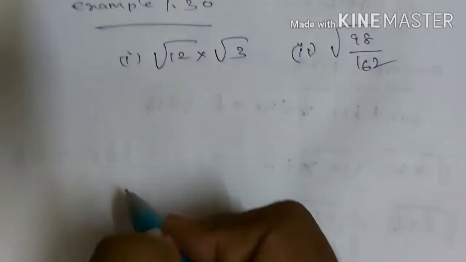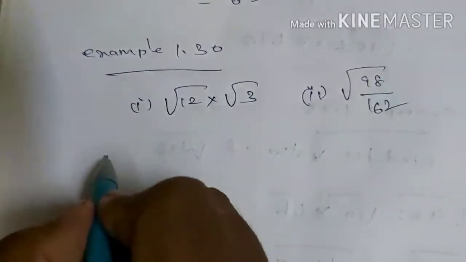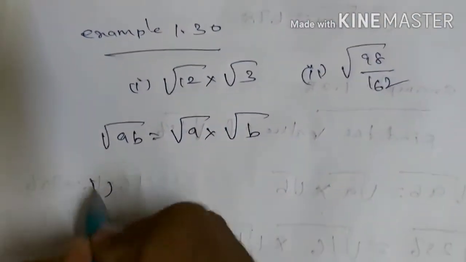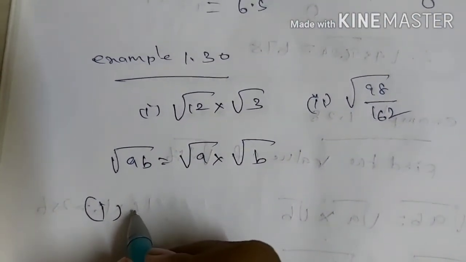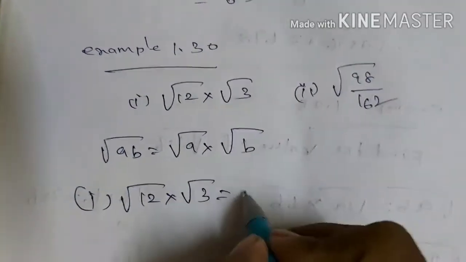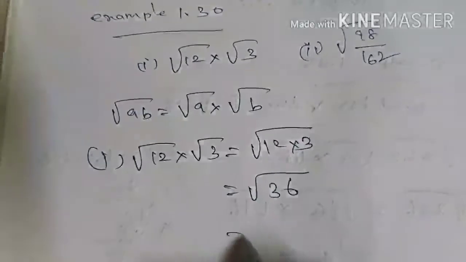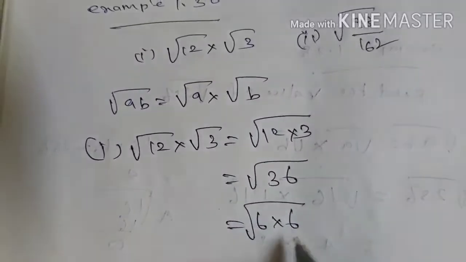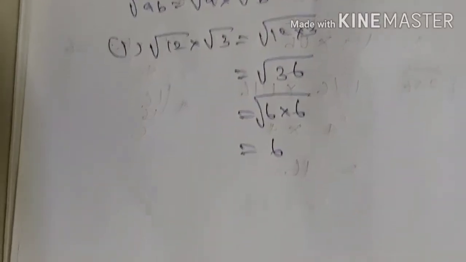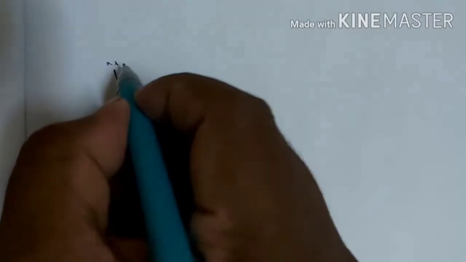The formula: the square root of AB equals the square root of A multiply the square root of B. Here we have the AB value only, so opposite, LHS equals right hand side. So the square root of 12 multiply the square root of 3 equals the square root of 12 multiply 3. 12 threes are 36. So taking the square root of 36 gives 6 only. 6 sixes are 36.